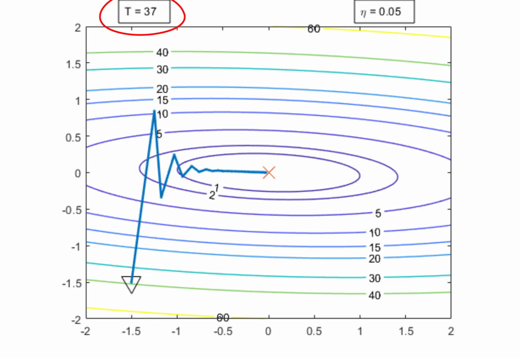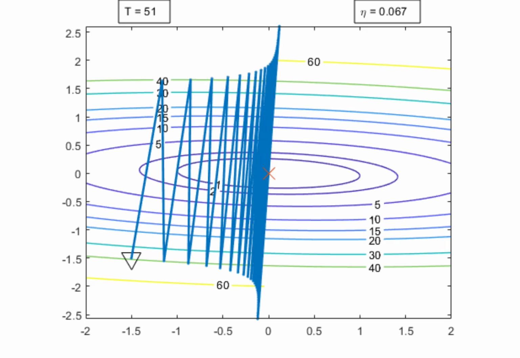The value of eta is equal to 0.05 in this case. But if the step size is too small, that is, it is 0.01 in this figure, the number of iterations required is extremely large. On the other hand, if the step sizes are even slightly larger than 0.05, so if I kept the step size as 0.067, the algorithm oscillates a lot and just starts to diverge. In fact, in this particular example, I observed that if eta was 0.066, then it converged, but at 0.067, it was diverging.